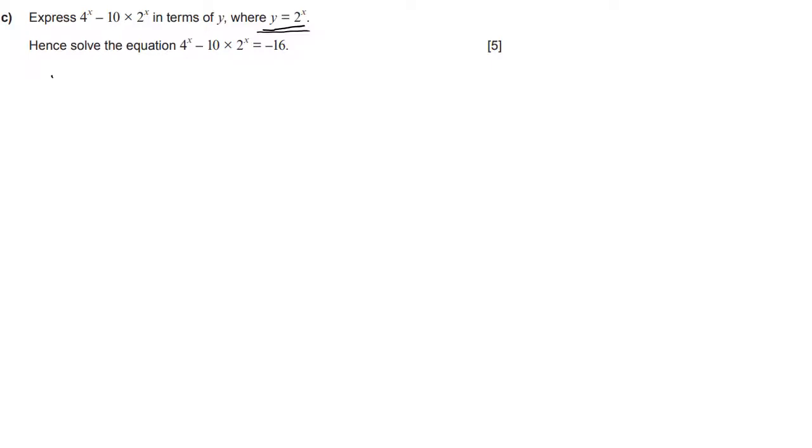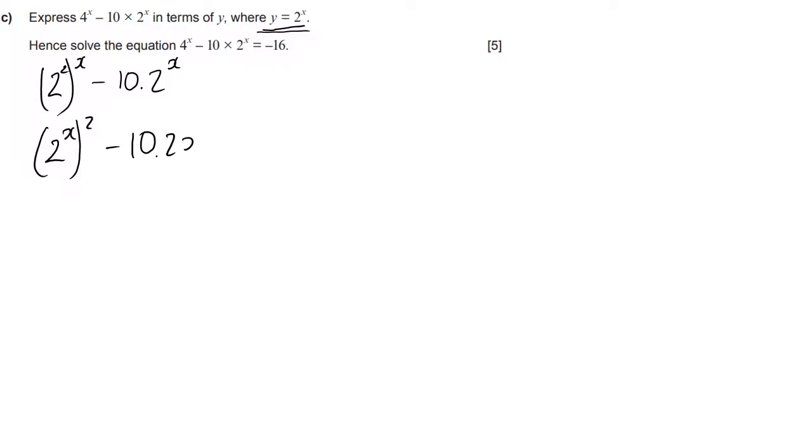So where we would start, we would put 2 squared to the power of x, minus 10 times 2 to the x. I prefer on an occasion like this to put a dot for times. I'd interchange the 2 and the x so that we have 2 to the x all squared minus 10 times 2 to the x. Try not to write it too low down. And then we would put 2 to the power of x as y, so we have y squared minus 10y.